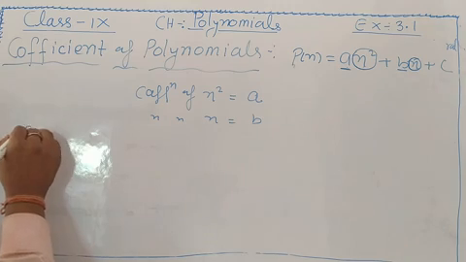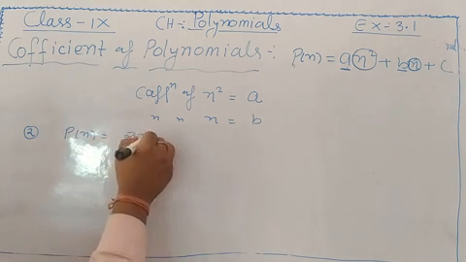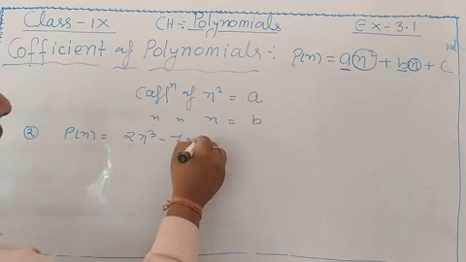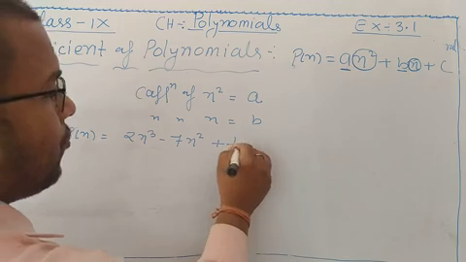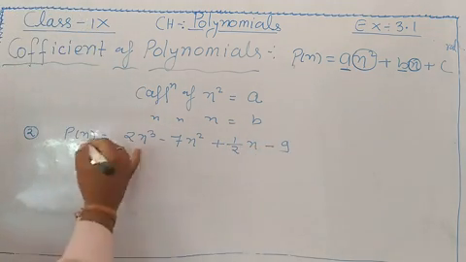Next example, students, number 2. If p(x) = 2x³ − 7x² + 1/2x − 9, this is a cubic polynomial.